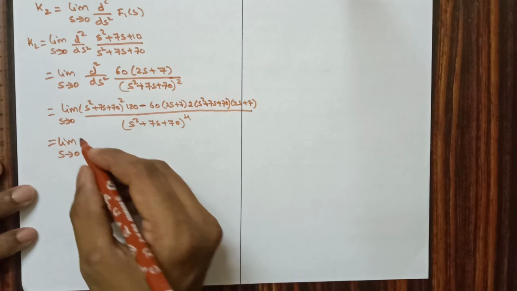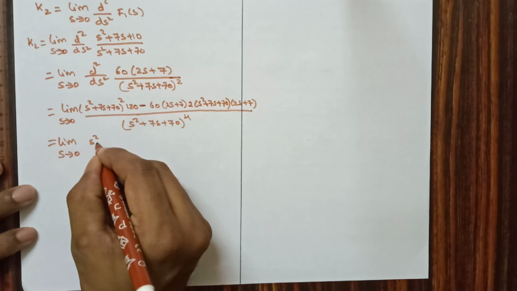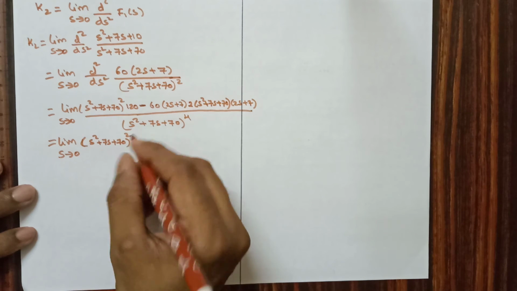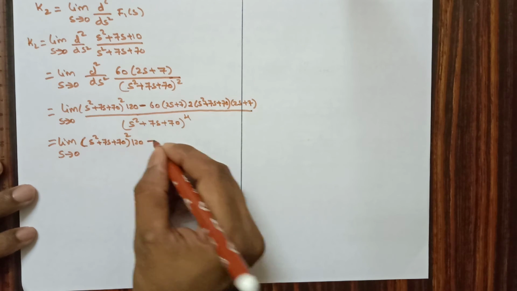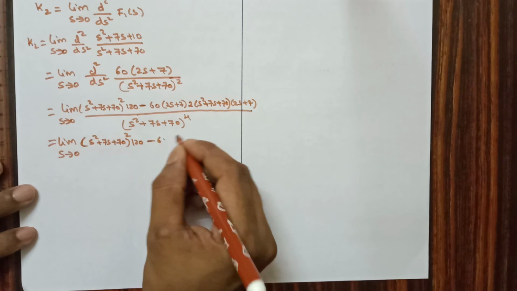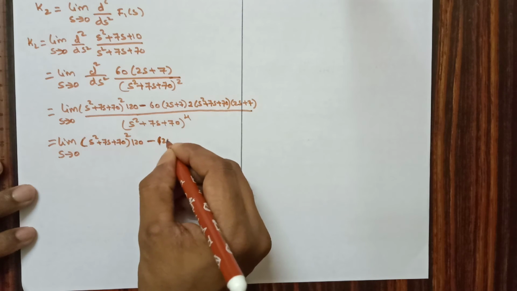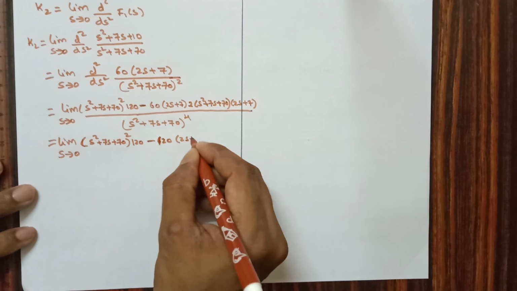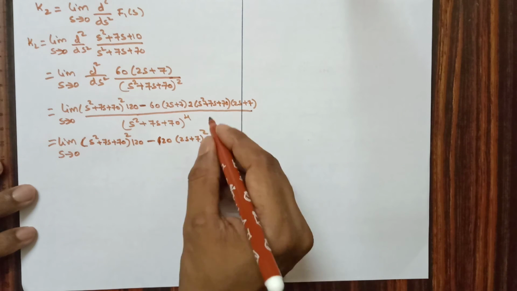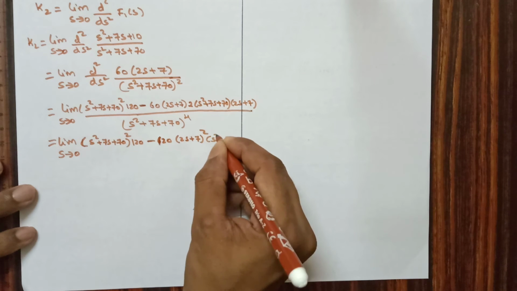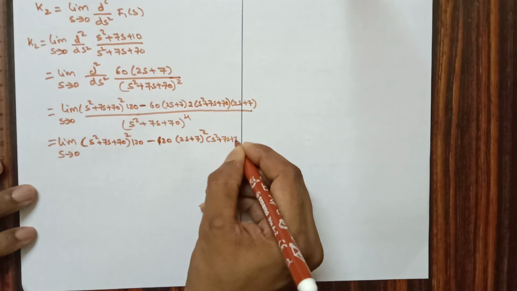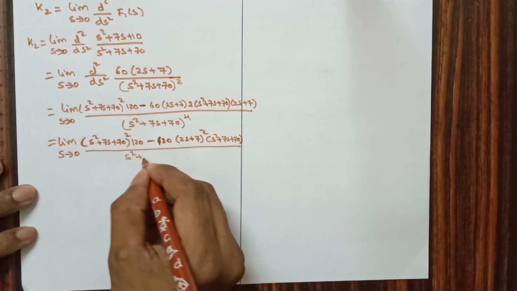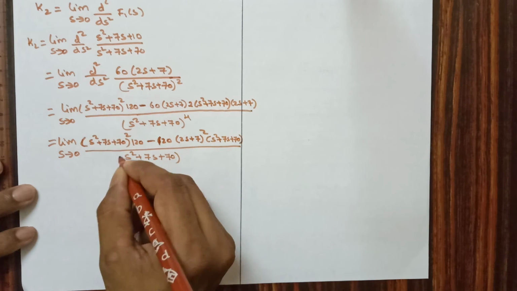From this numerator I can rewrite s square plus 7s plus 70 whole square into 120, minus 60 into 2, it is 120, and then 2s plus 7 into 2s plus 7, I can write 2s plus 7 whole square, and then this term as it is, s square plus 7s plus 70, divided by s square plus 7s plus 70 to the power of 4.